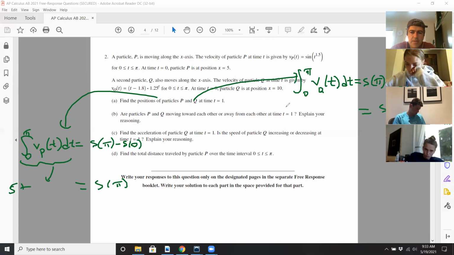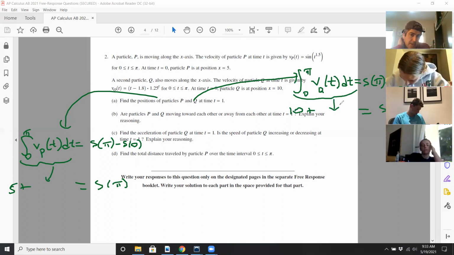And s(0) is 10 here, plus that integral. Okay, I'm going to let you guys work those out.